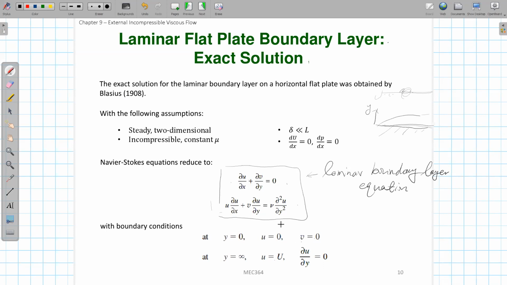Mathematically, we can try to derive what is called the exact solution. Instead of solving this numerically, we can try to solve this problem analytically in some way. How do we do that?